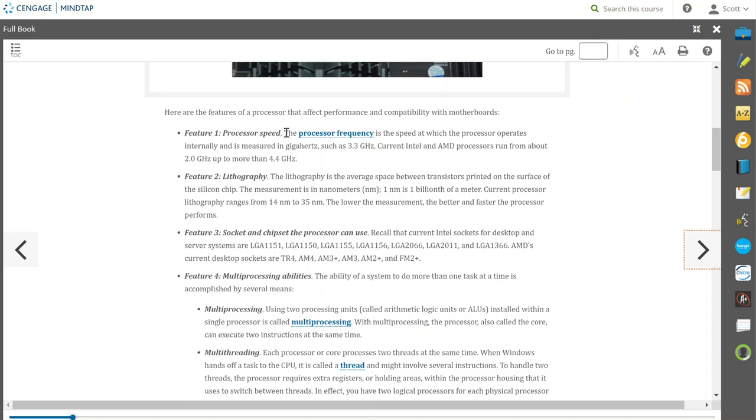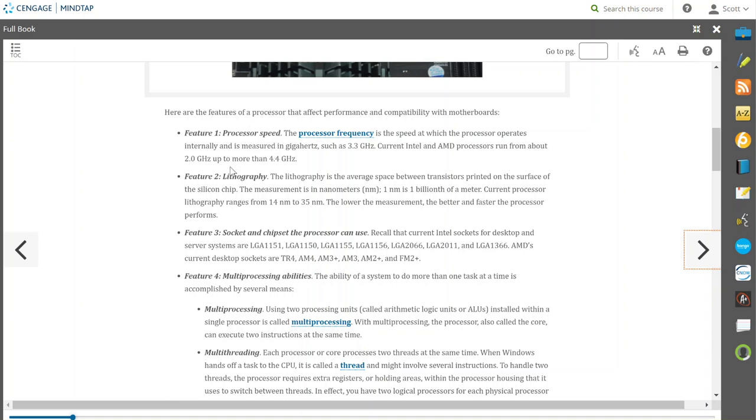If you try to speed somebody up to work as fast as the person next to them, is it going to cause an issue where there will be more errors? So there's the processor frequency. It's the speed at which the processor operates internally, how fast it can do what it's doing. Okay, that's measured in gigahertz.